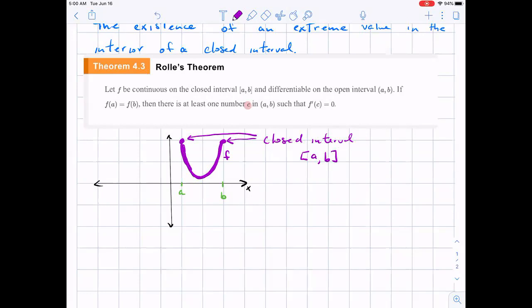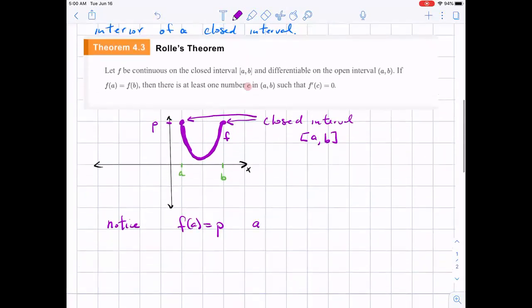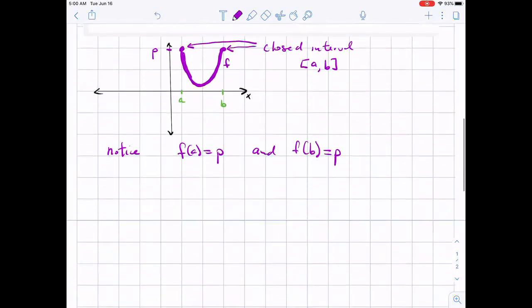And it is differentiable on the open interval. If we plug in f(a), let's call this value P. Notice f(a) is equal to P, and f(b) is also equal to P. It's the height of the function.